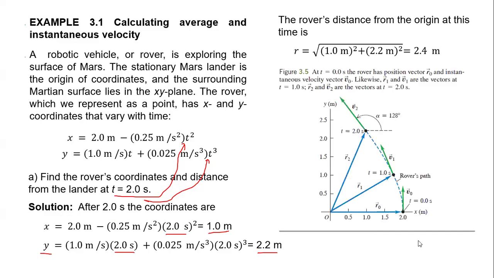In figure 3.5, this is your Mars lander, and this is where your vehicle will land. After 0 seconds, it is in this position. After 1 second, it's in this position. And after 2 seconds, it is in this position, where your x is 1 meter and your y is 2.2 meters. The distance from the lander to the point is equal to 2.4 meters.